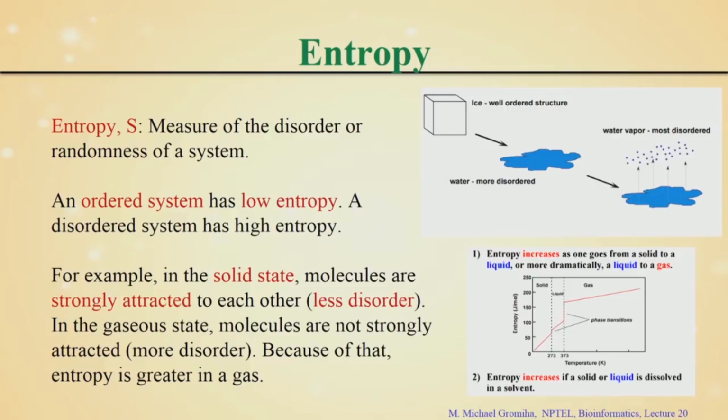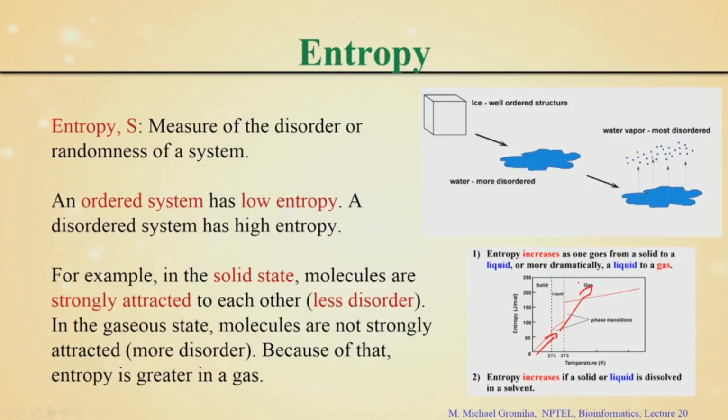It is less disordered, more ordered, so the entropy is low. It increases in water, and water vapor is mostly disordered. The difference from liquid to gas is very highly disordered.